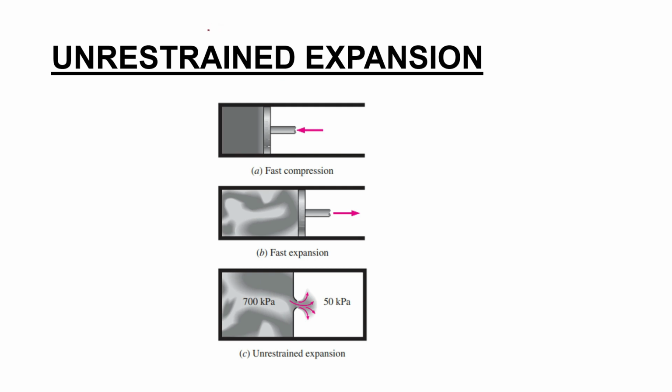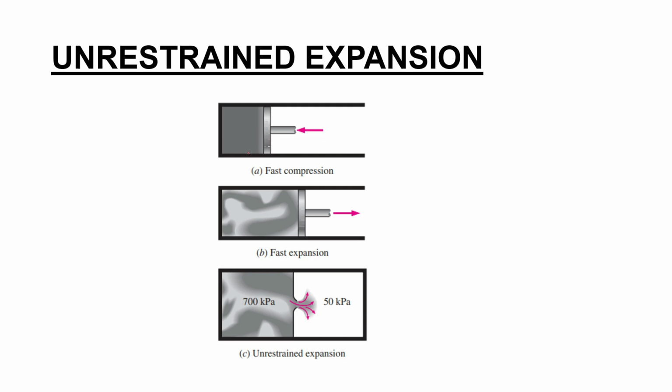Now, the second irreversibility is the unrestrained expansion. Let us see what an unrestrained expansion is. Here you have a fast compression process. What happens in a fast compression process?